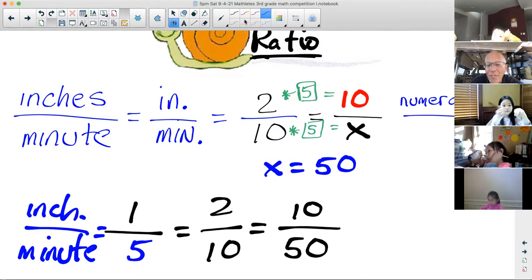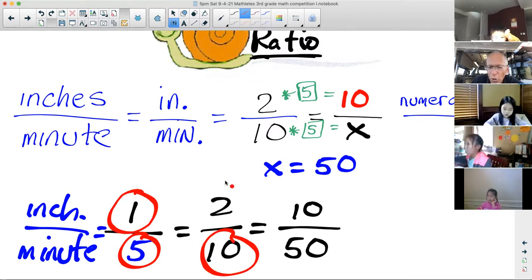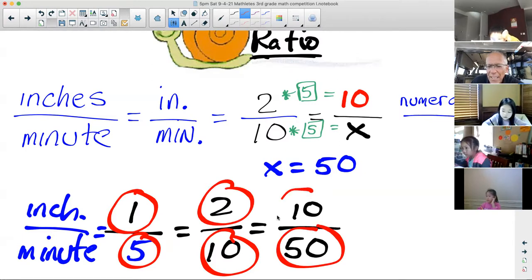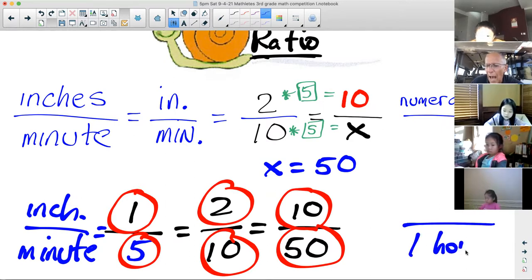It would take 5 minutes for the snail to go 1 inch, 10 minutes to go 2 inches, 50 minutes to go 10 inches. Now, who can tell me how many inches in 1 hour?